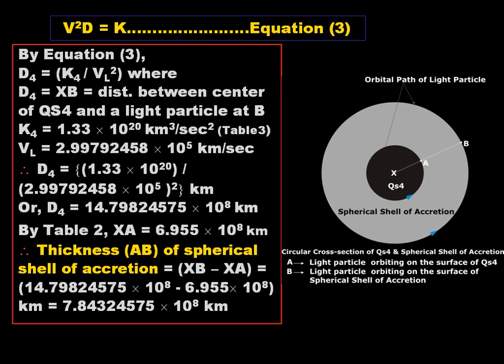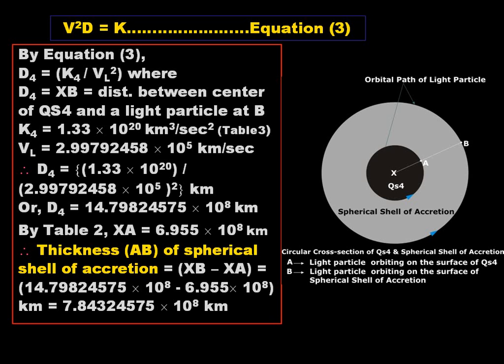By equation 3, d4 is k4 by VL square, where d4 is equal to xb as in the diagram, which is the distance between center of QS4 and a light particle at B, and k4 is 1.33 into 10 to the power 20 kilometer cube per second square, and VL is 2.9979258 into 10 to the power 5 kilometer per second.